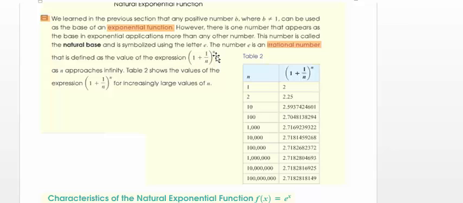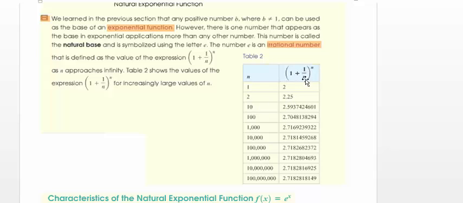So we want to understand the natural exponential function. And this is the function whose base is the number e.